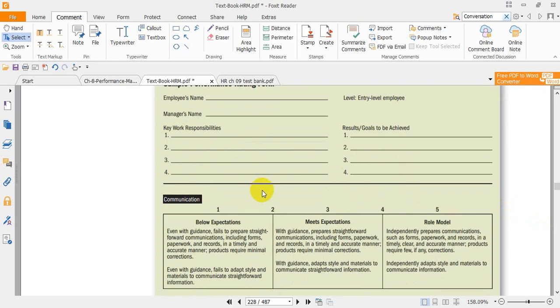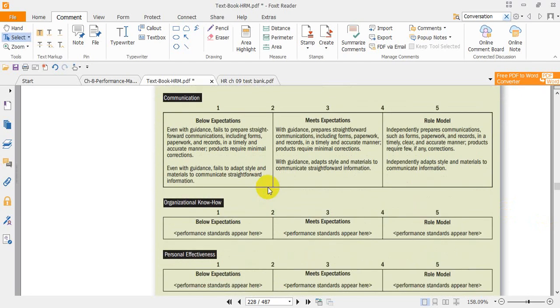This is figure number 4. For example, this is a trait, organizational know-how, and the supervisor can describe the employee according to these three rating scales: below expectation, meets expectation, and role model.